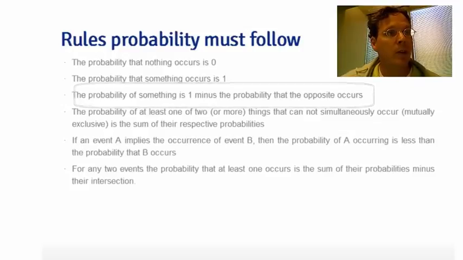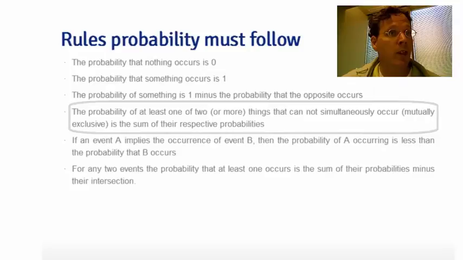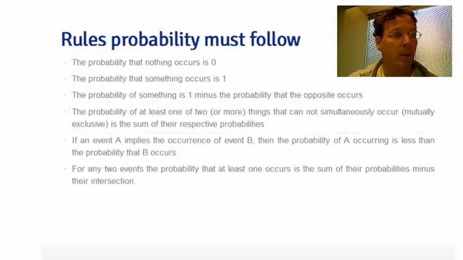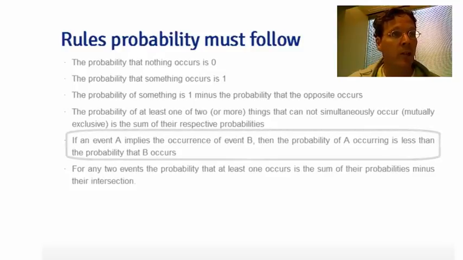The probability of at least one of two or more things that cannot simultaneously occur, we call sets of things that cannot simultaneously occur mutually exclusive, is the sum of their respective probabilities. This was part of the basic definition that we outlined in the previous slide. Another consequence of our probability calculus is if the event A implies the occurrence of the event B, then the probability of A occurring is less than the probability that B occurs.